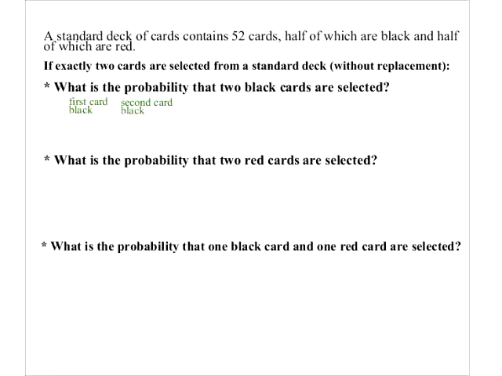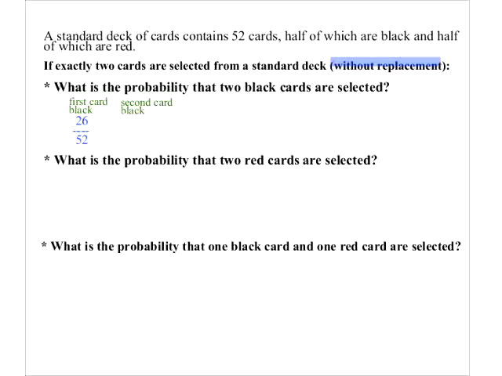The probability that the first card is black is 26 out of 52, which is 1/2. So that much is probably pretty straightforward. But remember that there's no replacement. You don't put this card back. So how many cards are left in the deck at this point?